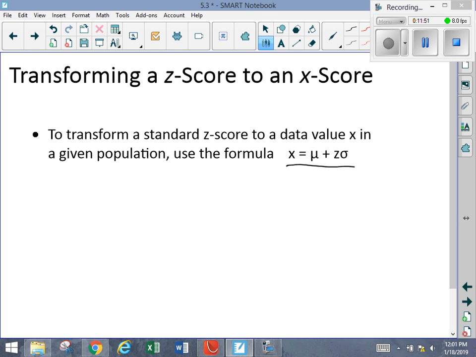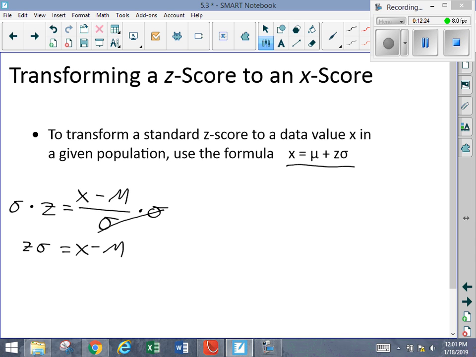Where does this formula come from? Well, it is just a derivation of this, right? So if I took this one and I multiply both sides by sigma, right? These guys cancel because it becomes 1. And then you have z times sigma equals x minus your mean.